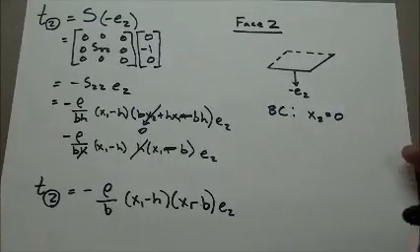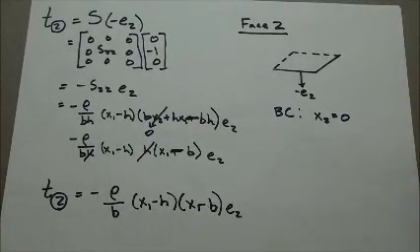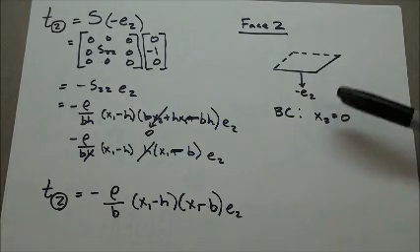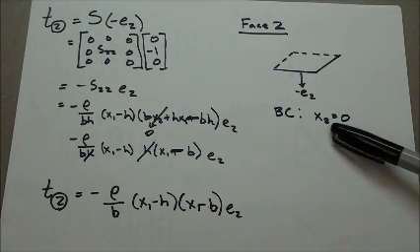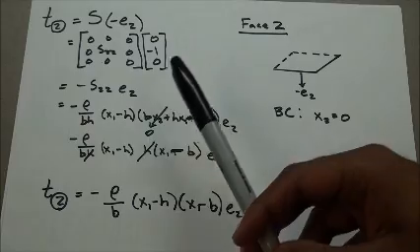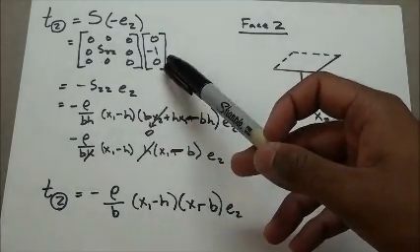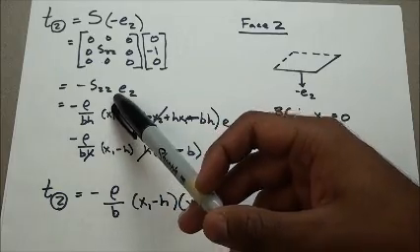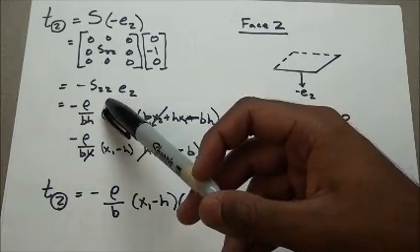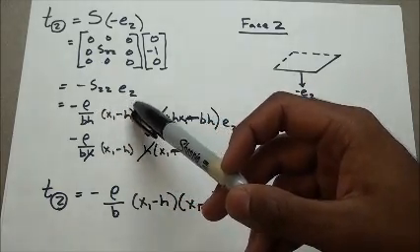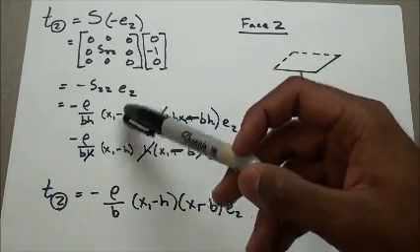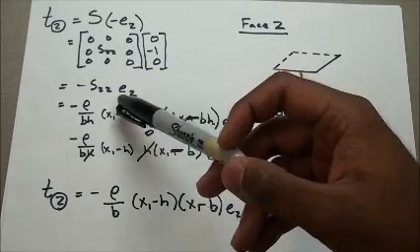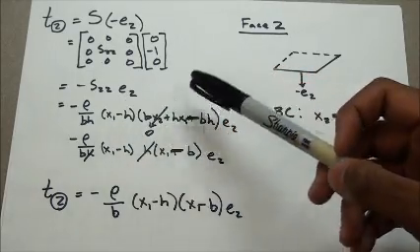For face 2, the normal vector was negative e2, and the boundary condition for this face was that x2 equals 0. We multiply the stress tensor component S22 by negative 1 and find negative S22 in the E2 component.